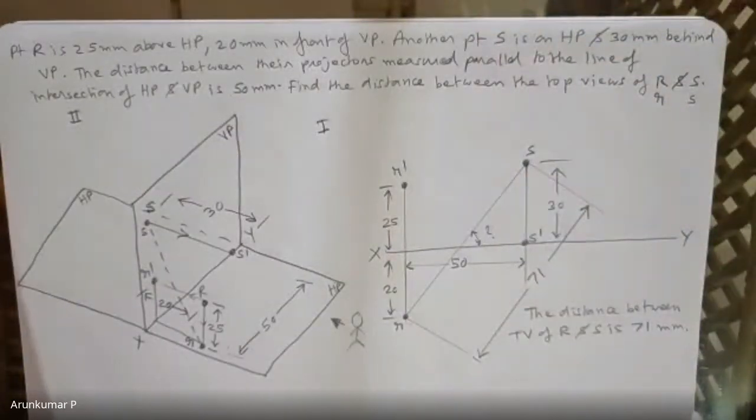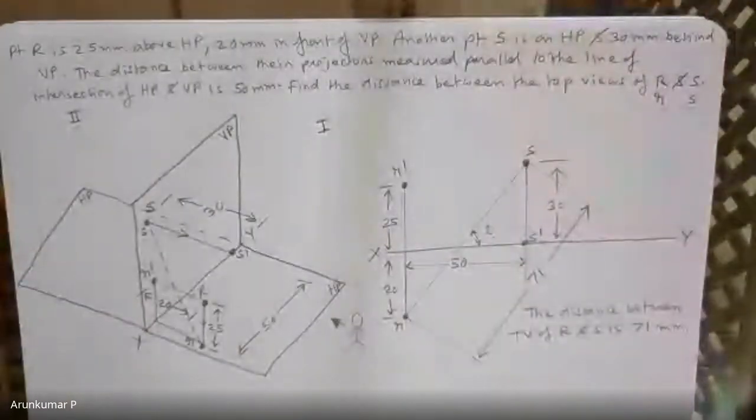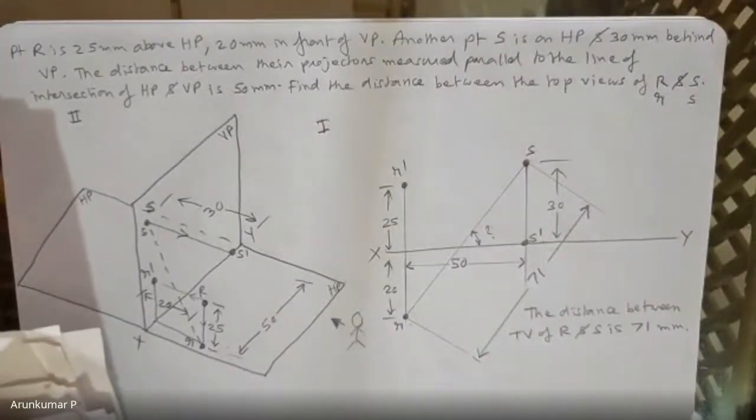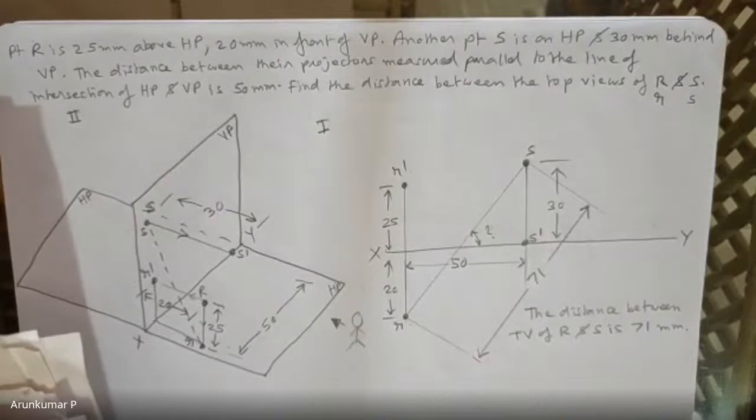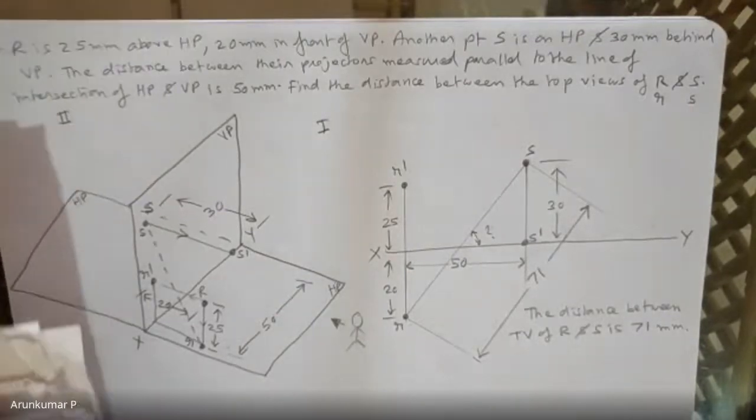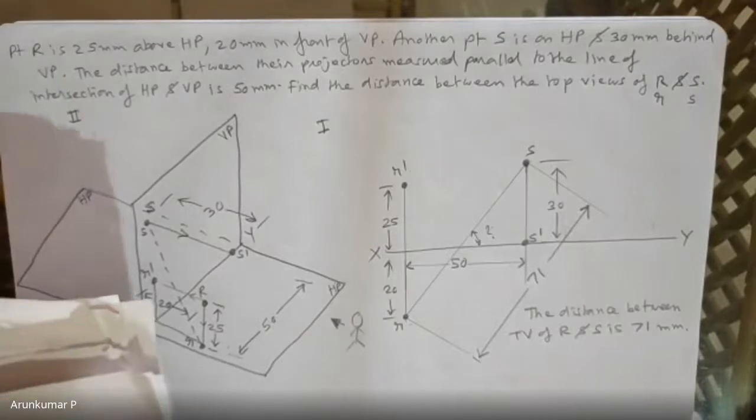Full stop. The line joining the top views makes an angle of 40 degrees with XY.